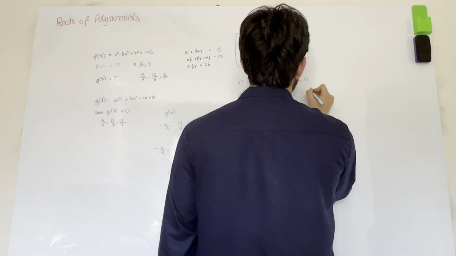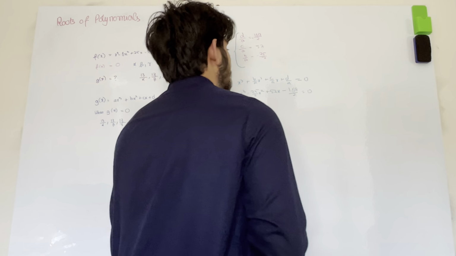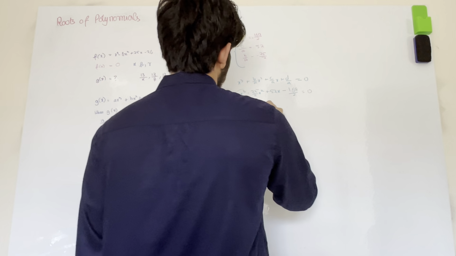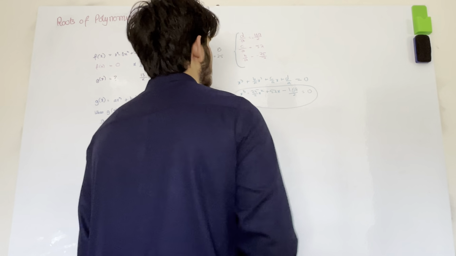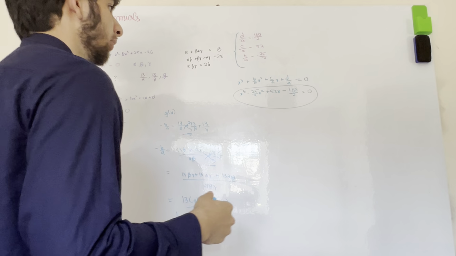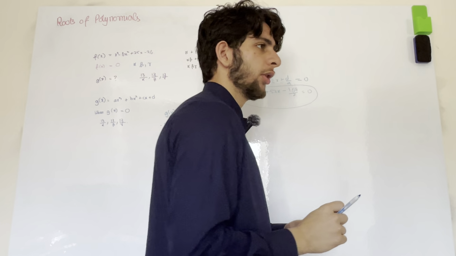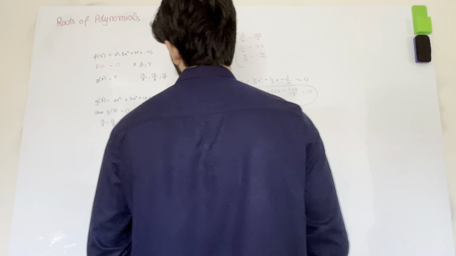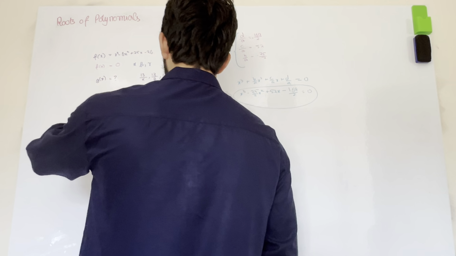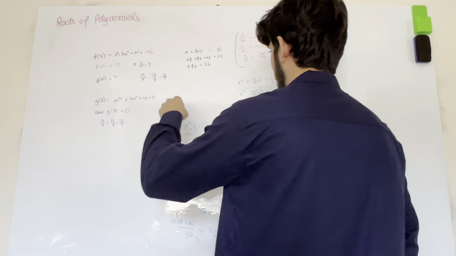over 2 equals 0. Now, it's completely fine for you to leave your answer like this, but if you want to refine your answer a little bit more, such as multiplying everything by 2 to get rid of the fractions, then you're more than welcome to do so. Especially because we defined the original function g of x to be a x cubed plus b x squared plus c x plus d.